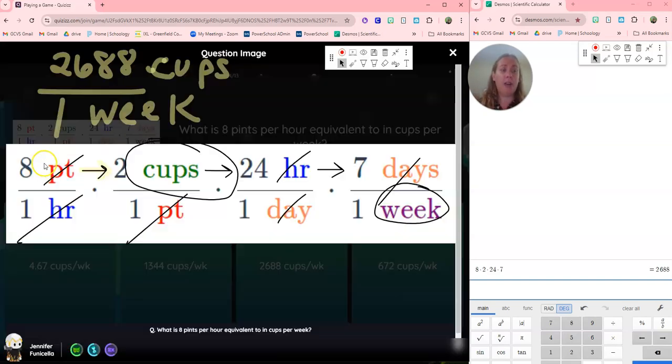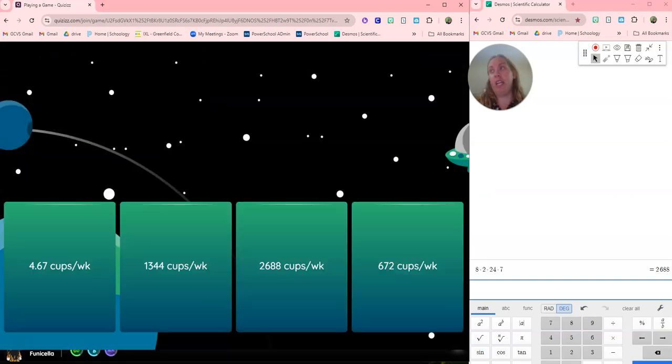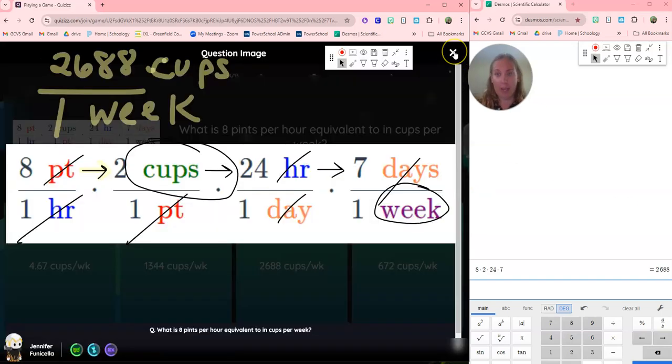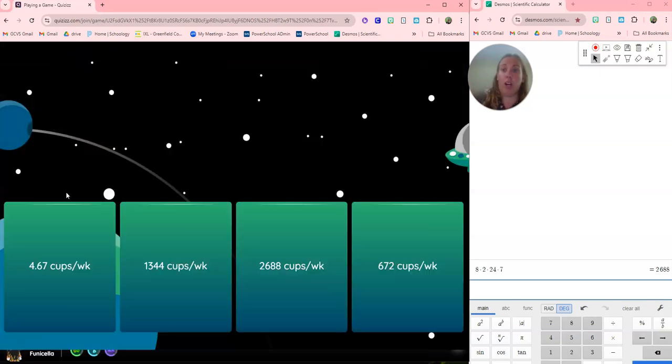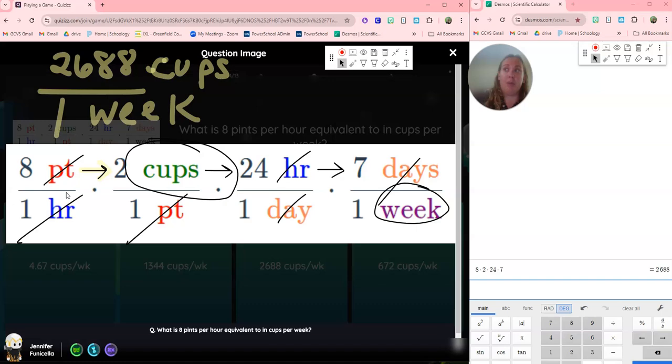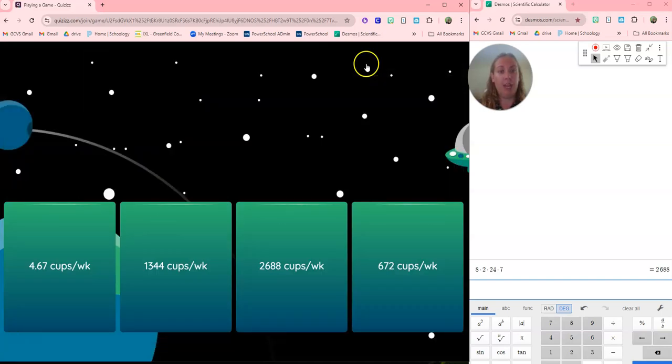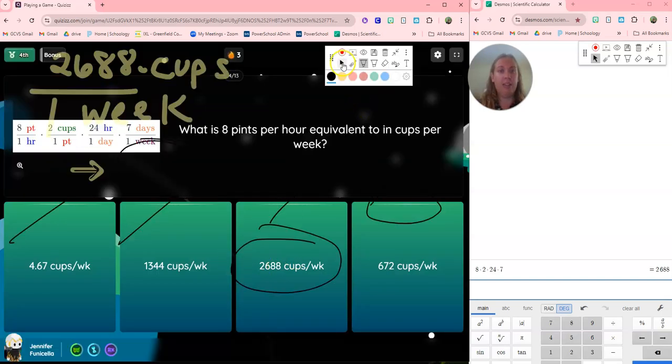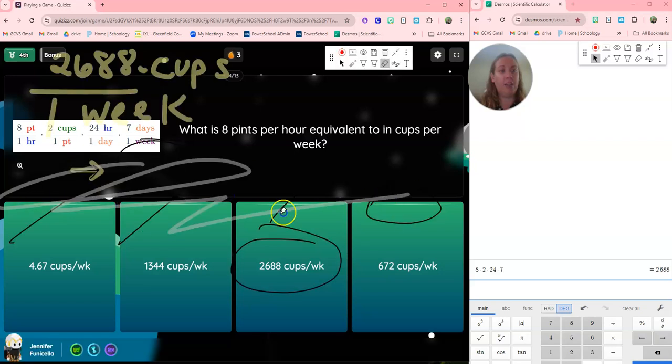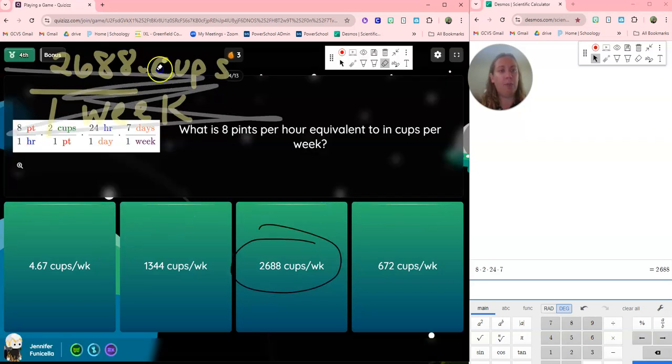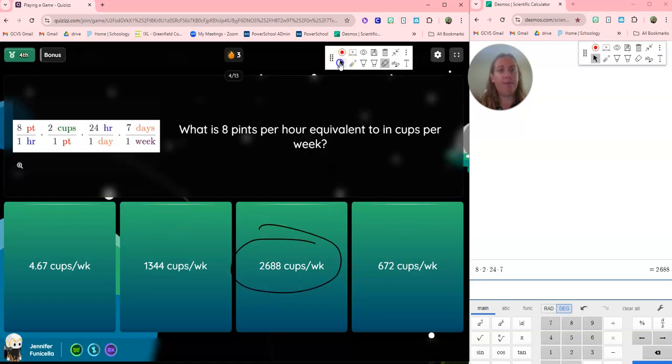So 8 pints an hour is the same as 2,688 cups per week. Whenever we're multiplying fractions, we're just going across. The numerator, all those numbers on top multiplied, and then the denominator, all those numbers down below. Beautiful. So that is here. So go ahead and get that on your slide, and then push to question 5.